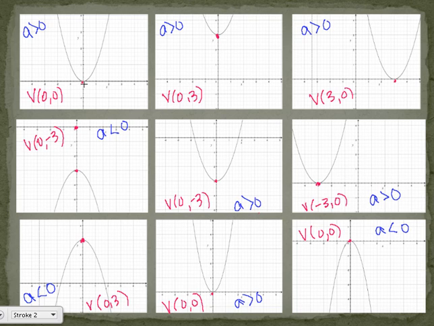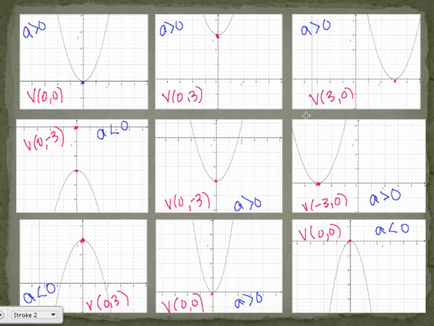Now, in a previous video, I indicated that a represents the rate of change. That only occurs from the vertex to the very next point to the right of it, or to the left of it for that matter, because it is a mirror image.